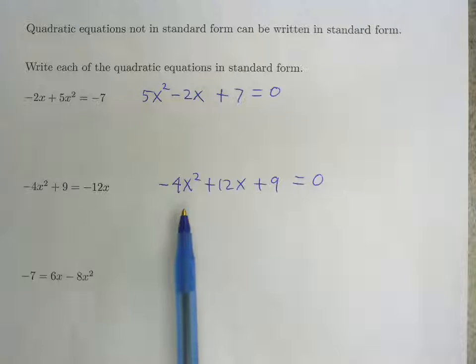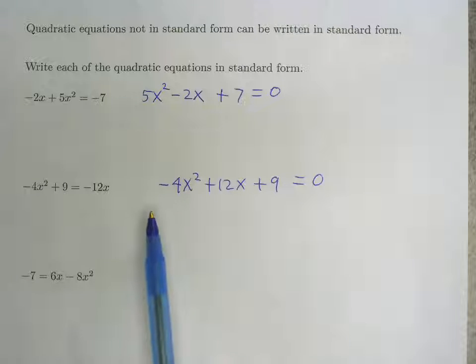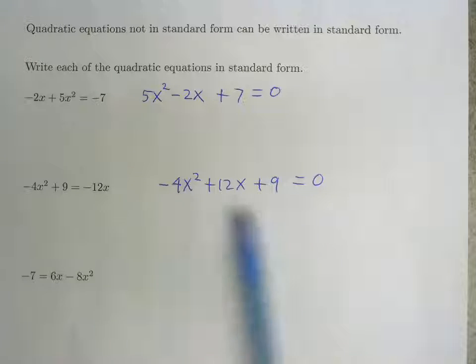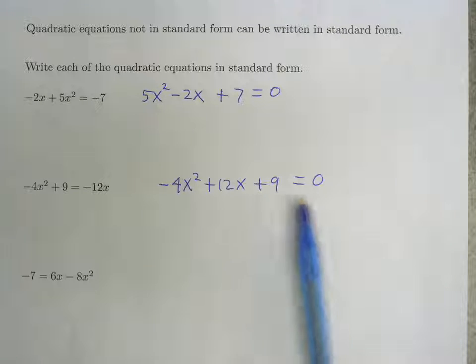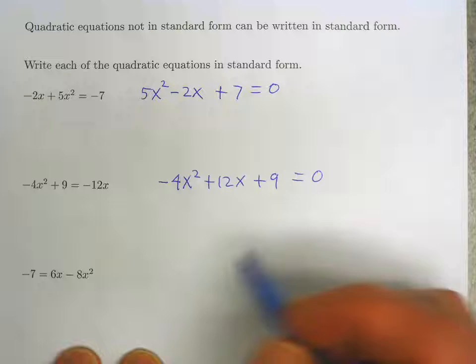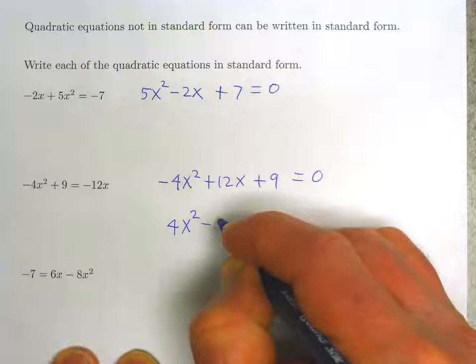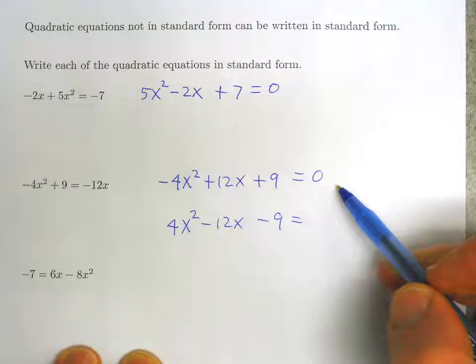We are not free to multiply both sides by 0, but if it's non-zero, it's okay. So if we multiply every term on both sides by negative 1, we get positive 4x squared minus 12x minus 9 equals 0. 0 times negative 1 is still 0.